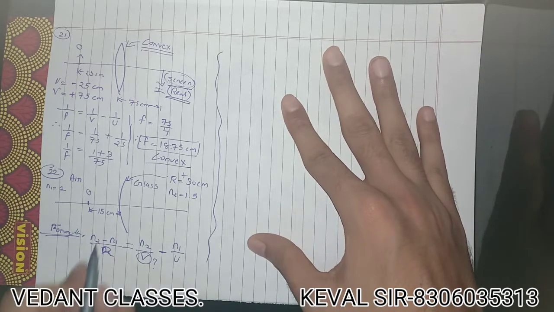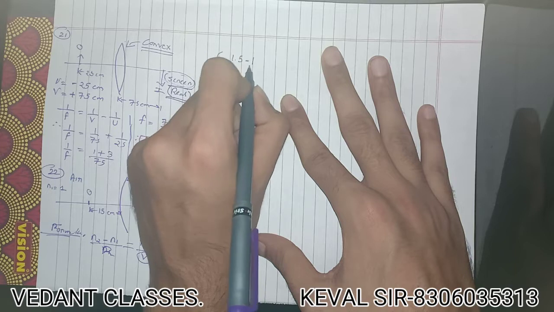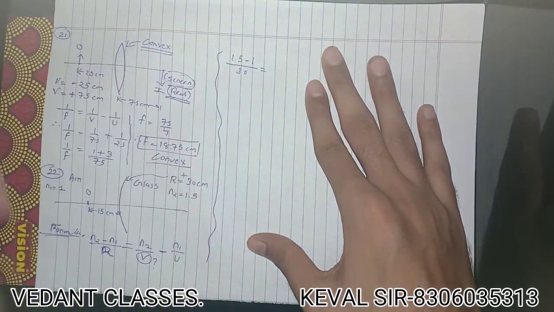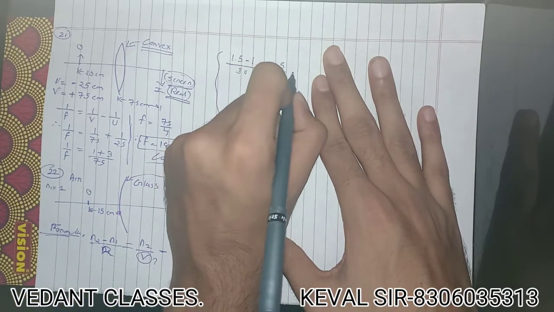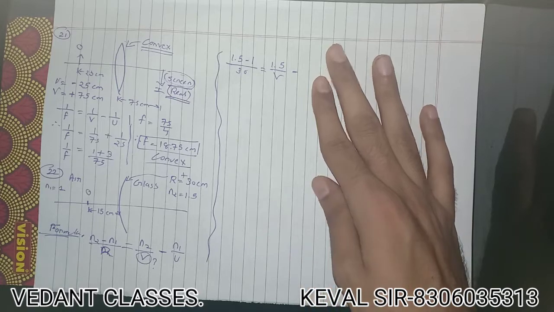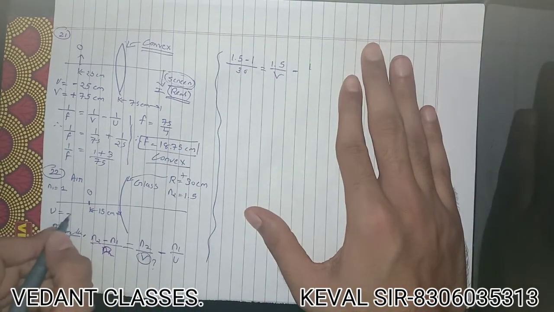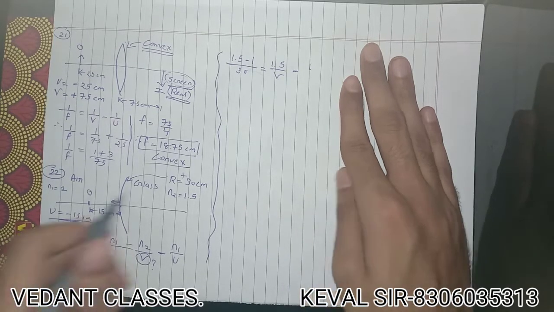So just apply. See, n2 is 1.5, n1 is 1, so (1.5 minus 1) divided by 30 is equal to 1.5 by v minus 1 by u. The object distance is negative, so u is equal to minus 15 centimeter, as it is on the left side of the refracting surface.